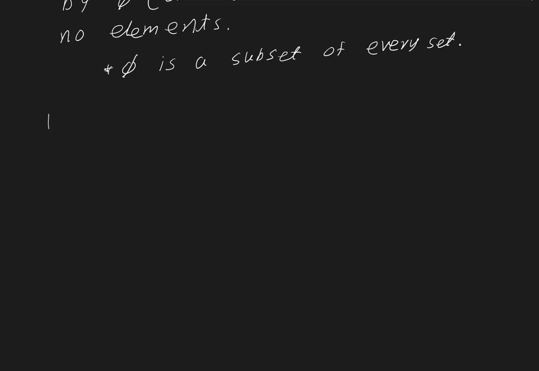Then the union. What is the union of sets? The union of A and B, denoted by A union B. So this is the notation we use to denote union.